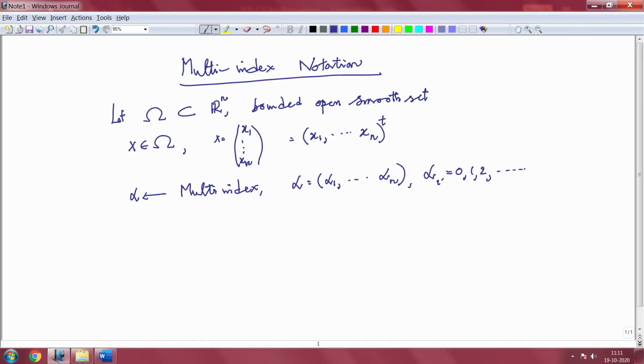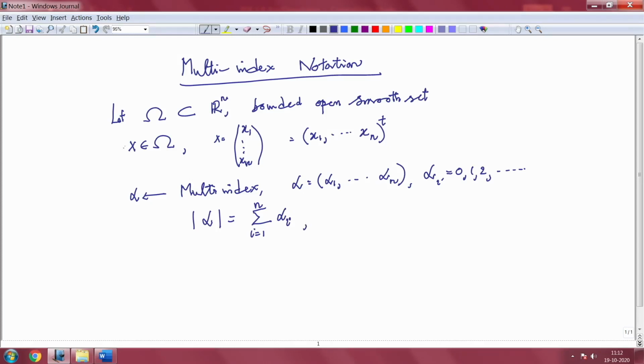So this is basically in N union 0 to the power n. With that we will define mod alpha, please keep this in mind, as the summation for i equals 1 to n of alpha_i. This is to make your partial differential operator in a very convenient way.